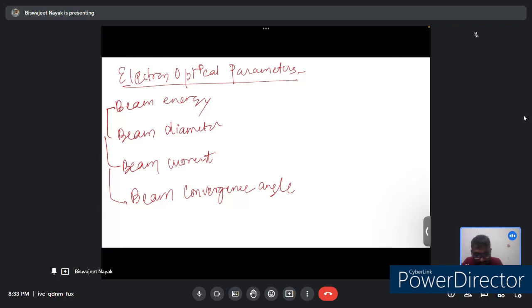We need to have information on all of this. So first, let's talk about the beam energy.